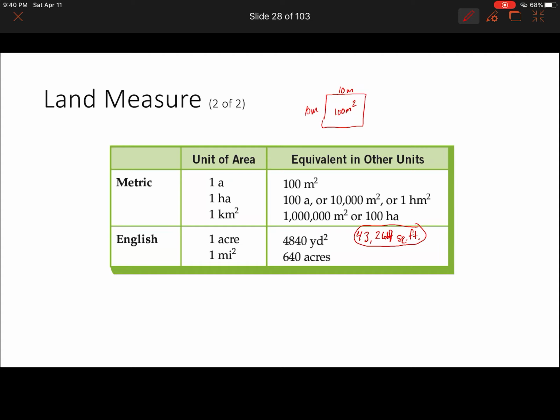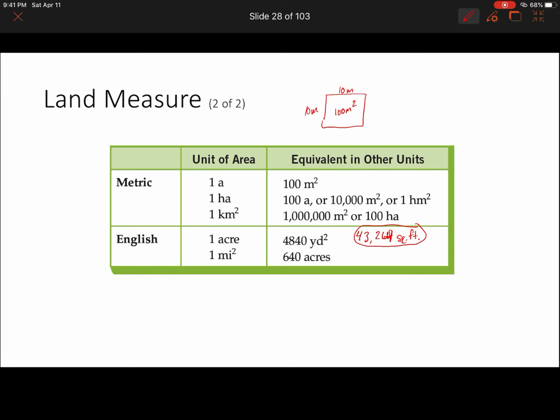So an acre is about 43,000 square feet, a little over that. But we talk about square yardage because it's a much more accurate measurement than having to round with the square footage. Okay? And then 1 mile squared is 640 acres.